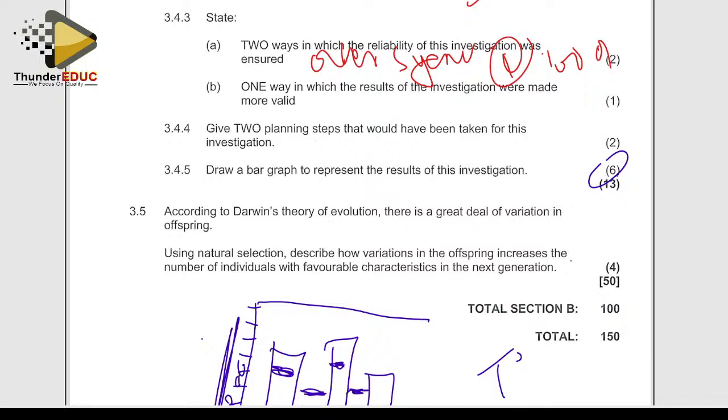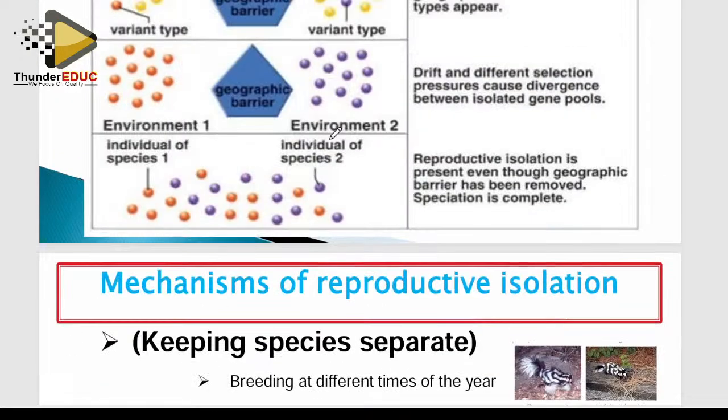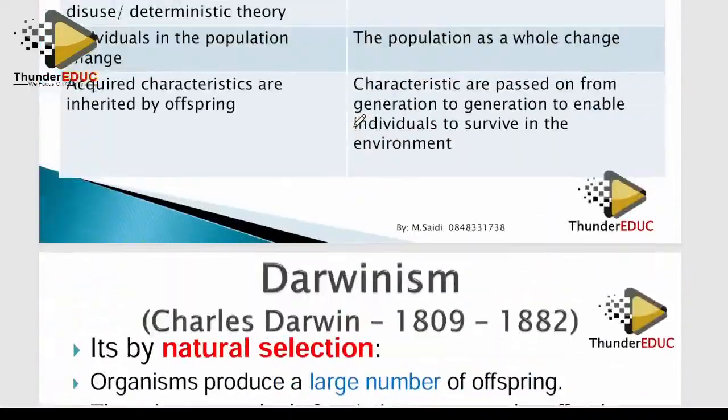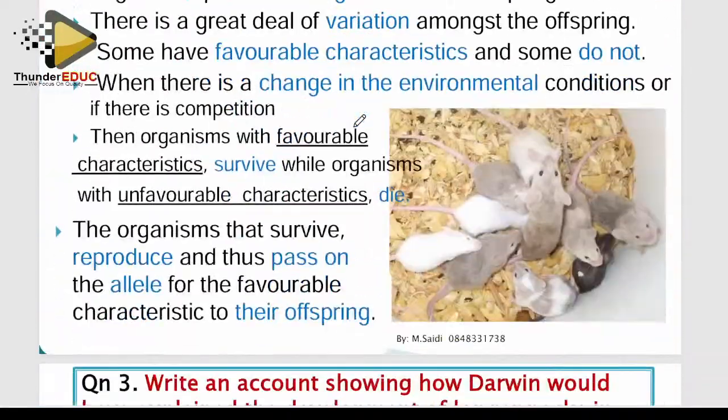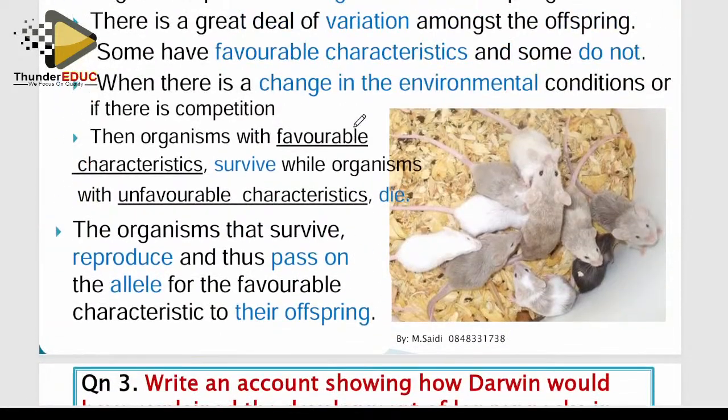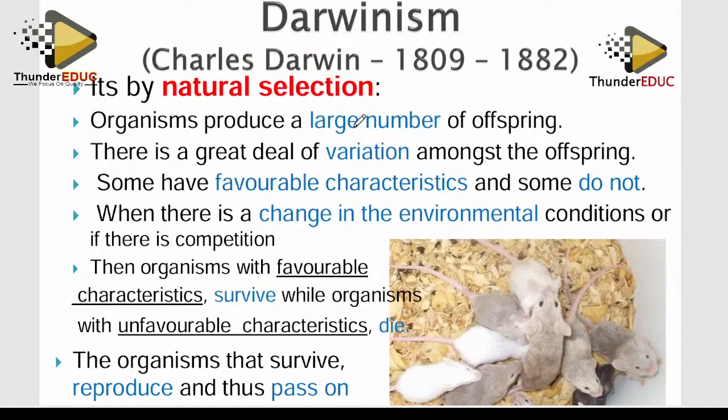They will tell us to describe natural selection. This is what they are looking for you to explain. Organisms produce a large number of offspring. There is a great deal of variation among these offspring.